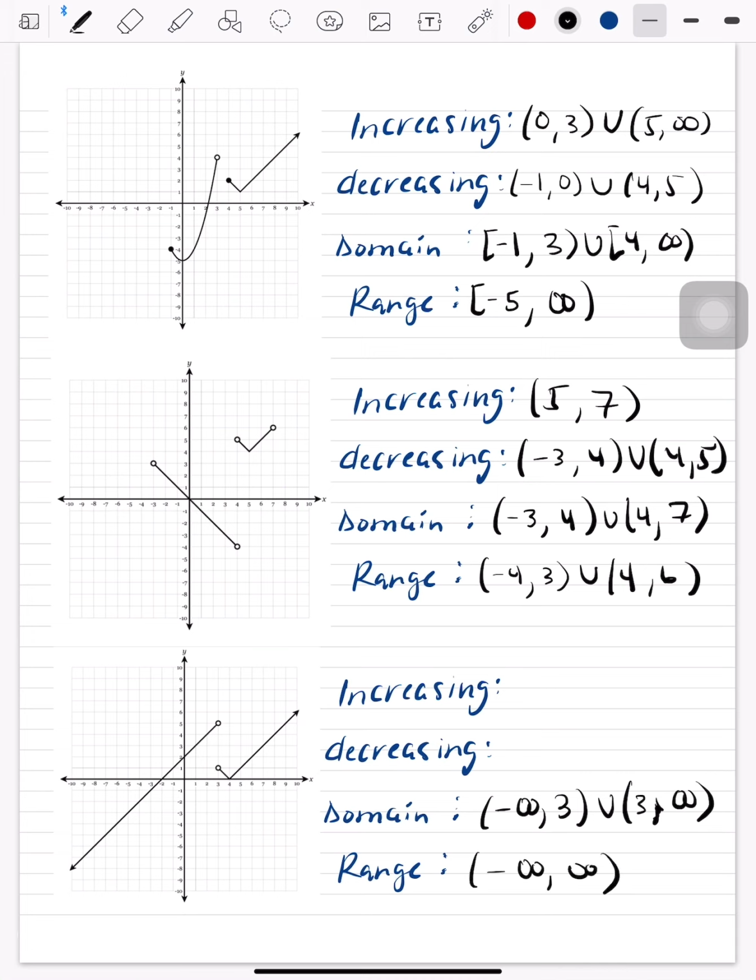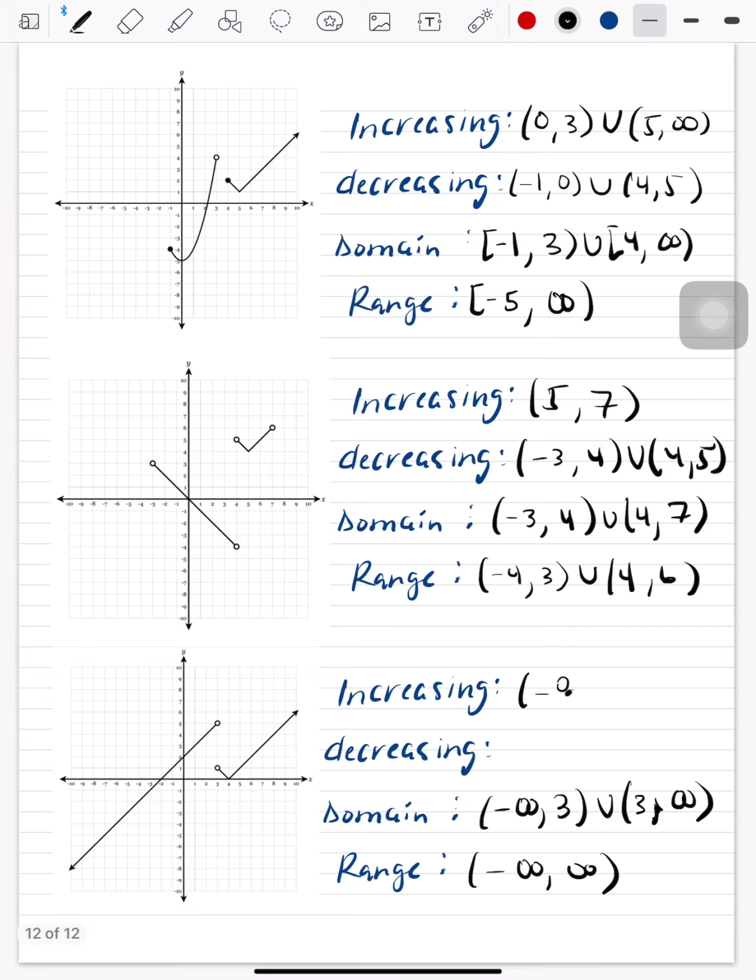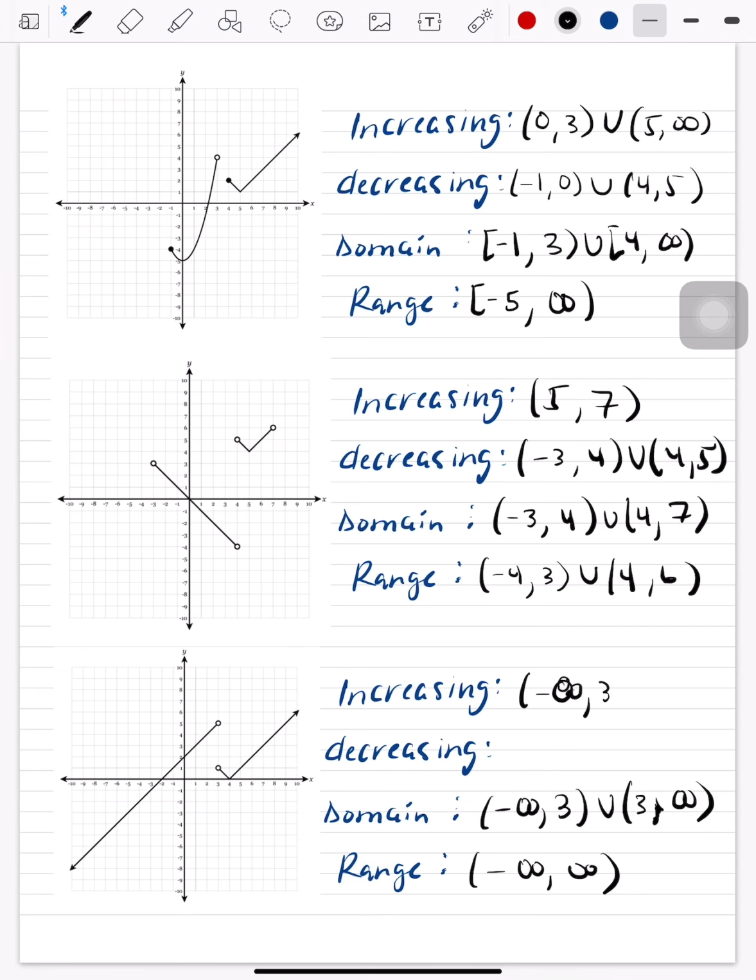Now, increasing, this is increasing for the majority of the time. So it increases, as you can see, from negative infinity, okay? But again, we care about our x values, so it's increasing, and do it in chunks. So it's coming from negative infinity, and it's increasing all the way up to this part right here, all the way up to 3. So from negative infinity to 3, union, right?